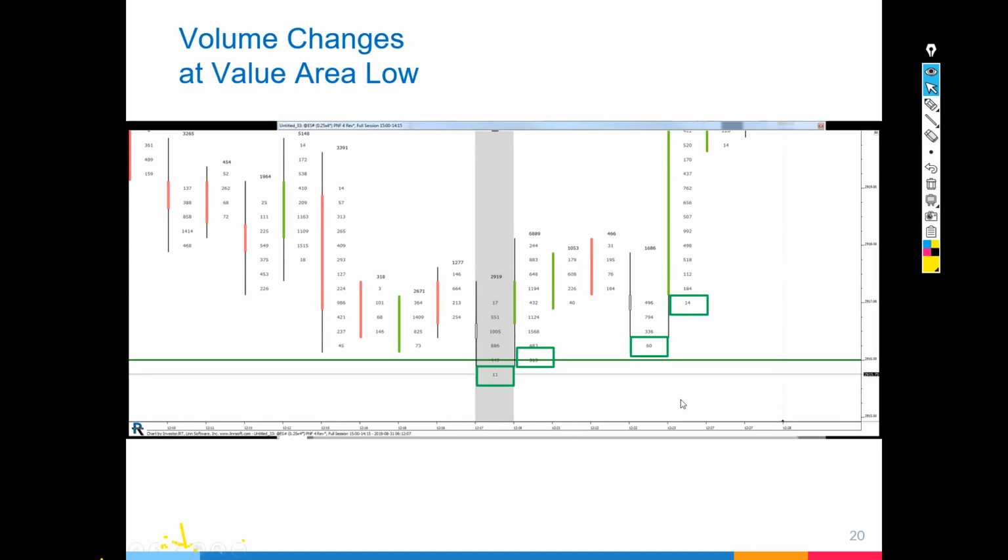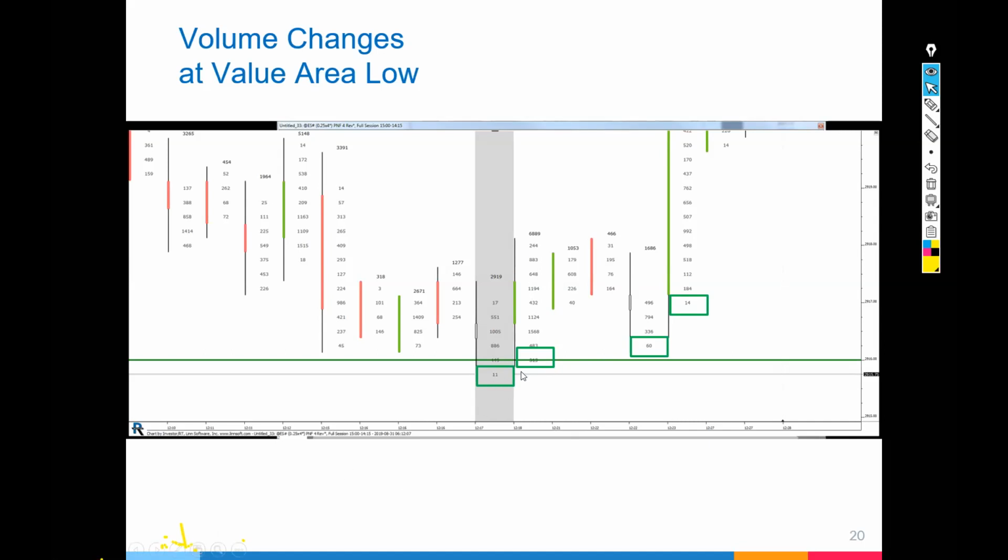So here, once again, we're looking at a value area low. And so the key question is, is this value area low going to hold, or is it in fact going to break down, and will we continue to drop below the value area low? And in this case, all I have are really just the volumes, no more bid and ask. I'm not even looking at that level of detail, just the total volume.